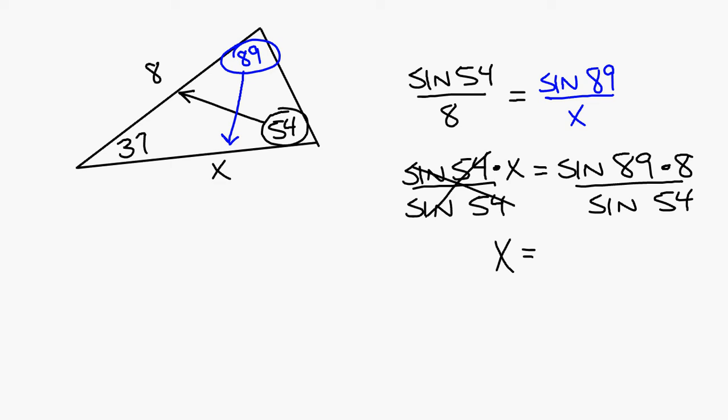Do I have to put sine first and then the number? In your calculator, you're going to put the number and then sine. Okay, because I got 13.2. When you finish the whole problem, yeah, and if you're using that TI 30XA calculator, you have to put the number and then the sine.